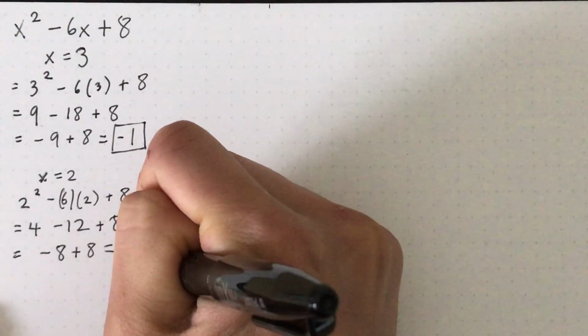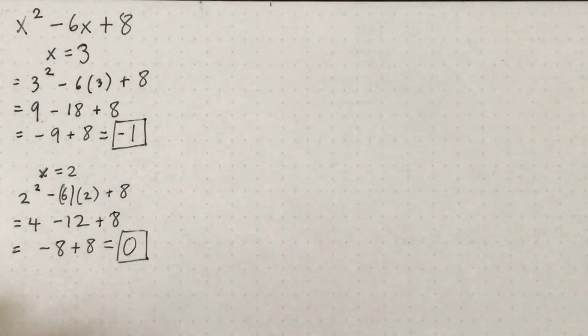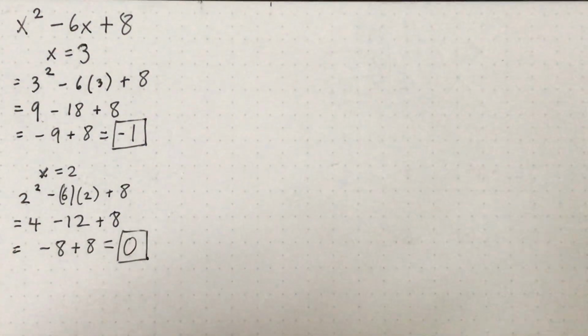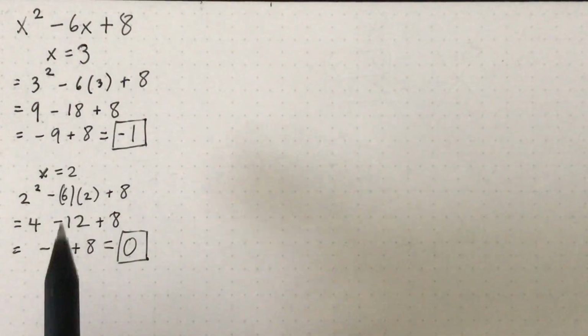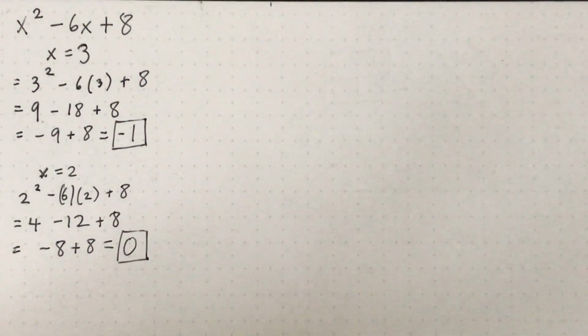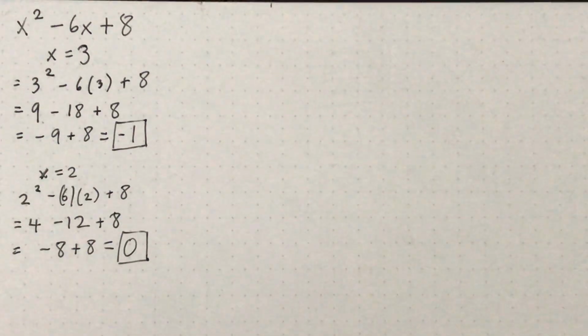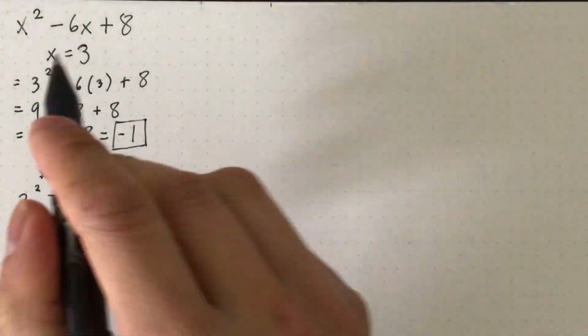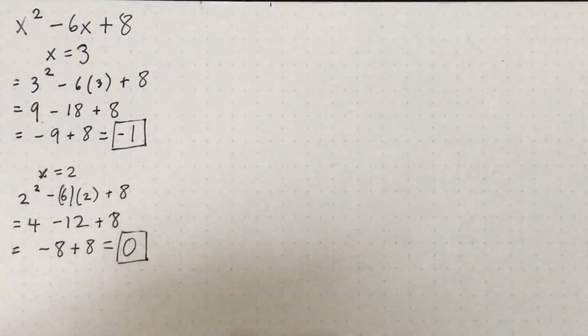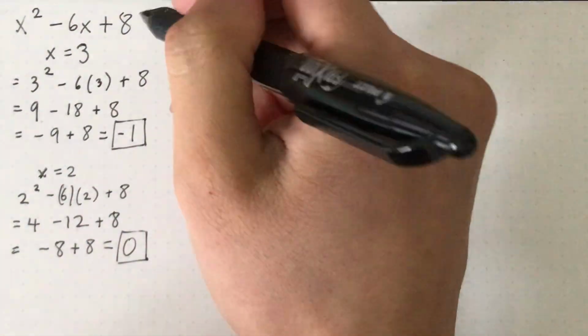For people watching this video, maybe you chose 4 instead of 2, and hopefully you were able to determine that if you plug in 4 for x, you should also get 0. So today's lesson is on how we know, given this expression, which number would give us the answer 0.